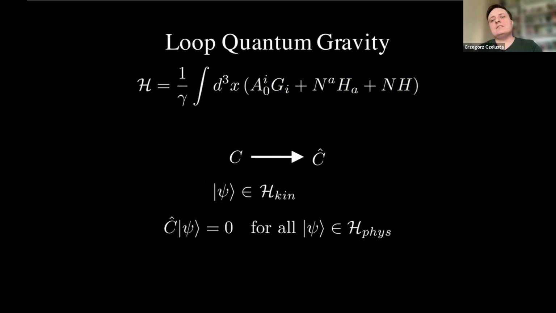And finally, solving the constraints means finding those states from kinematical space that are annihilated by the constraint operators. And these states form the so-called physical Hilbert space. So this is the general procedure for quantization of constraint systems.